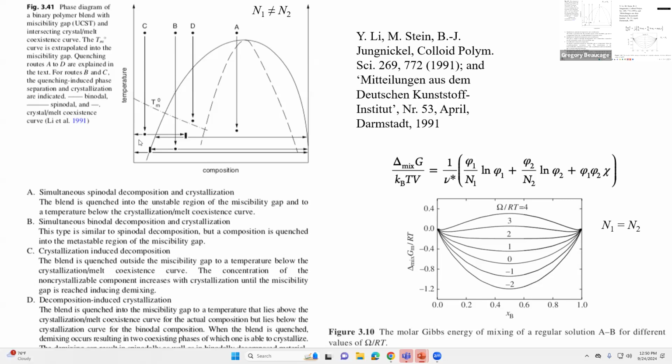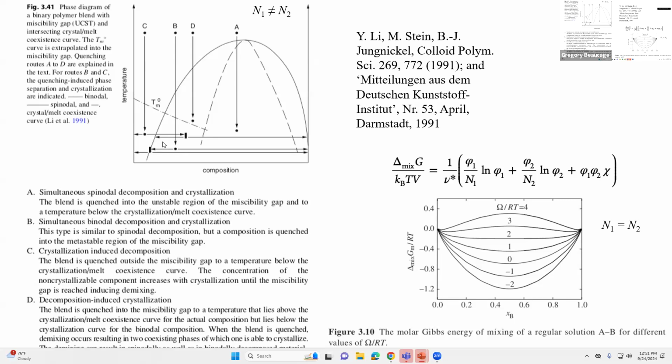So you have one phase that's rich in this component that's going to crystallize when you cool down. When you get down here, you have little crystal domains inside a sea of almost pure other polymer. Actually, at that point the majority is the crystal, so it'll be a sea of crystals with domains of the liquid of the other polymer, because the minority is going to be the liquid droplets in a crystal.